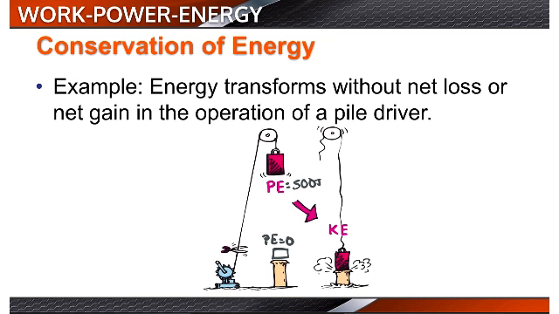If we have a conservation of energy, that means the kinetic energy just before it hits the pile driver here is going to be 500 joules worth. Okay, conservation.